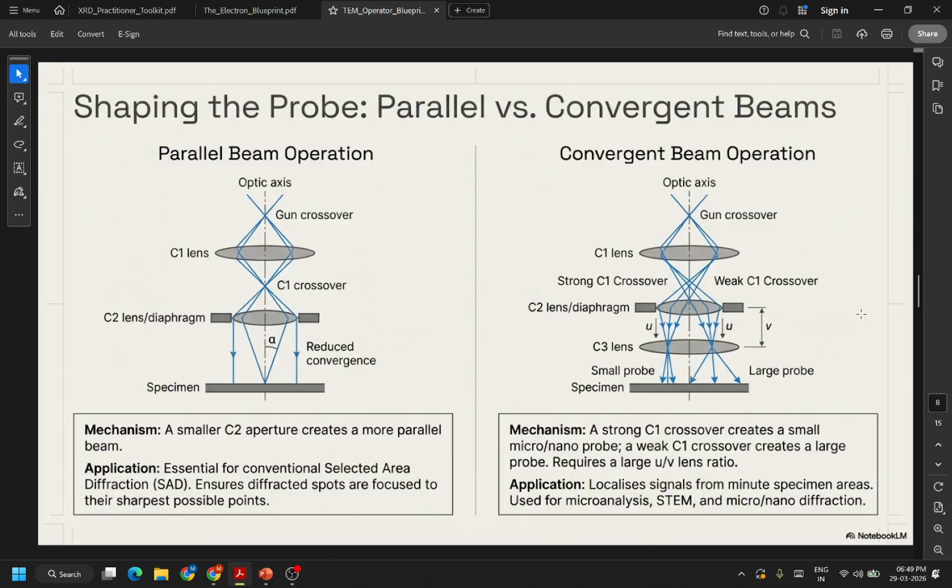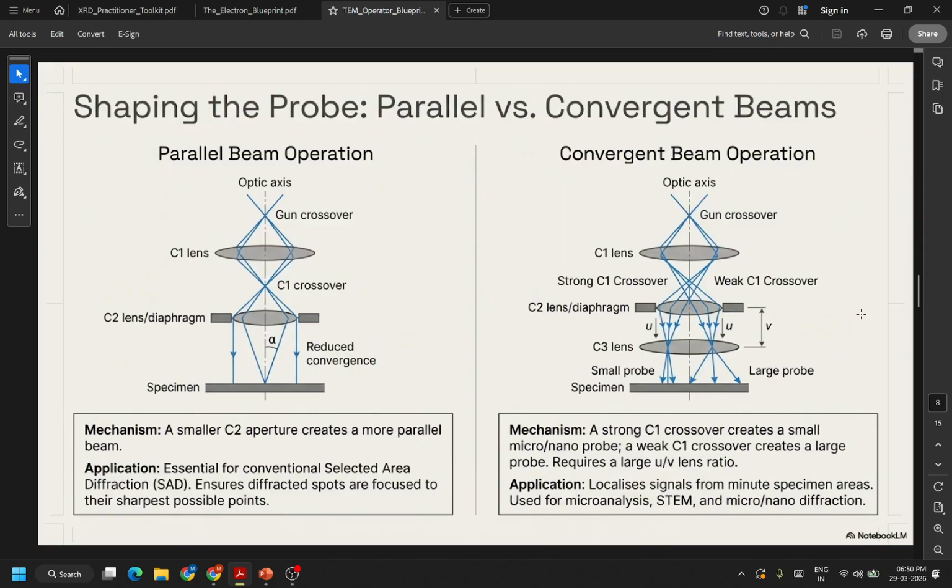It is essential for conventional selected area diffraction (SAD) because it ensures that diffracted spots are focused to their sharpest possible points. SAD is a technique used in TEM to see the electron diffraction or reciprocal space, and it is done at a very specific selected area. So it's called SAD, selected area diffraction, and for that you use a parallel beam so that you get the sharpest possible points.